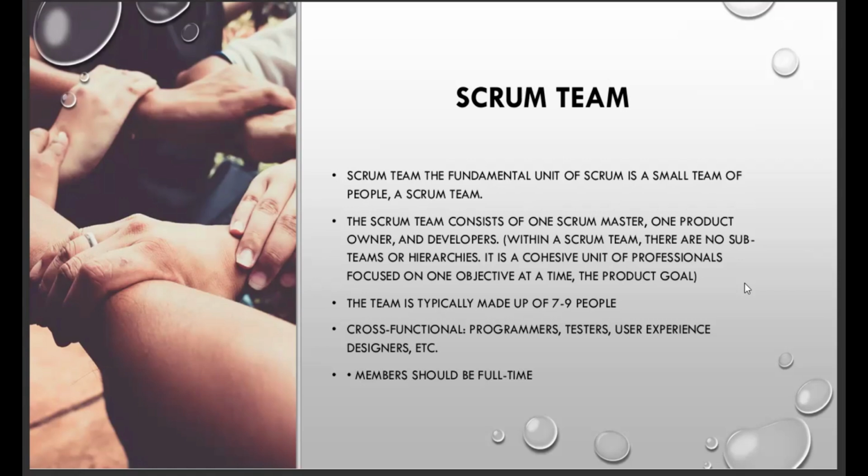These professionals could be product owners, Scrum Masters, programmers, software testers, UI and UX designers, all these different persons coming together to form a Scrum team of between 7 to 9 people to deliver a particular project that has a common goal. So that's why it's called cross-functional. A Scrum team is cross-functional.